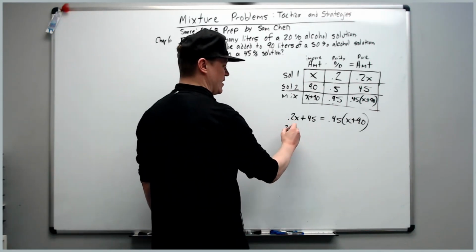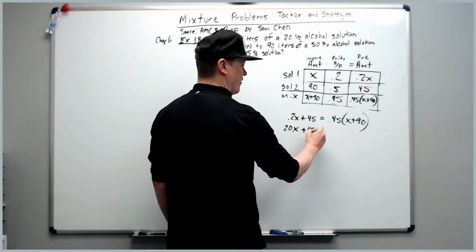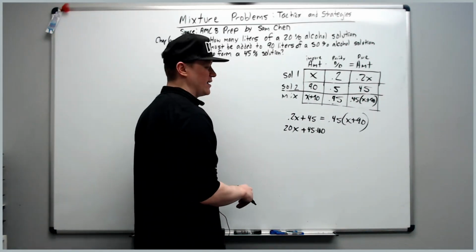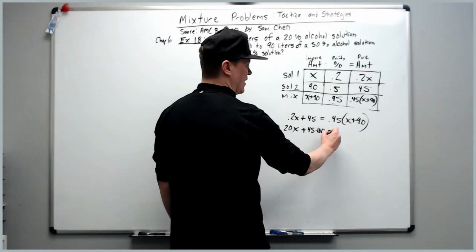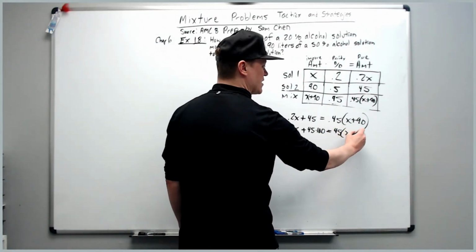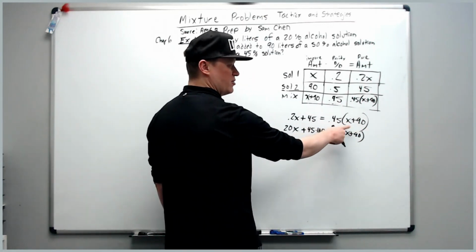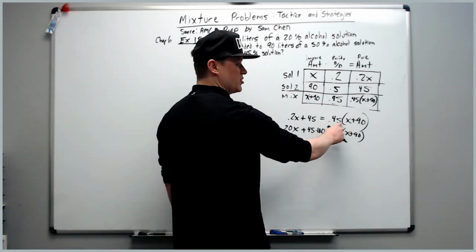100 times this is 20x plus 45 times 100. I'm not writing it as 4,500 for a reason. I already know what's going to happen, and you'll see what that is as it develops. Multiplying by 100 here is 45 times (x plus 90). Don't forget, when you're multiplying a product of two things by a third thing, 100 in this case, you don't multiply both numbers.